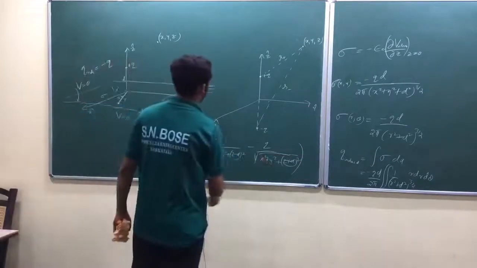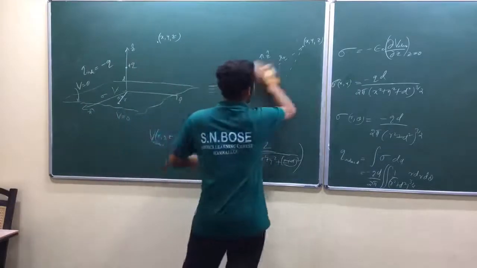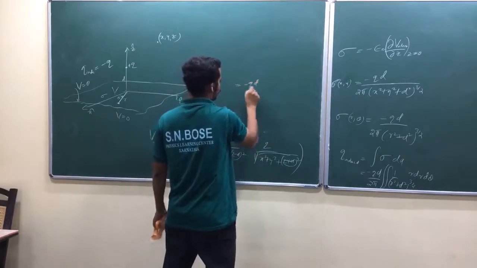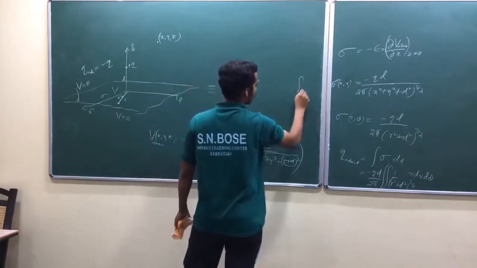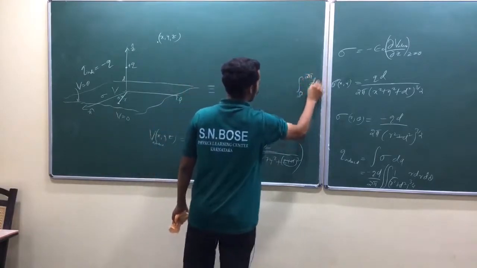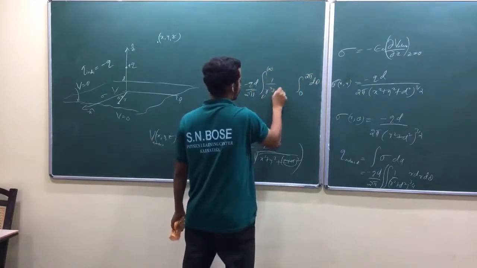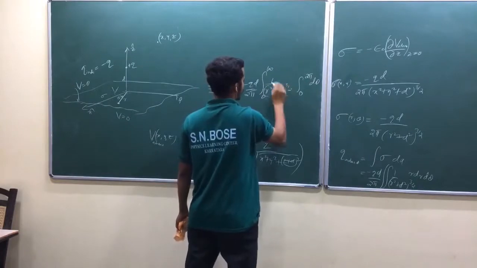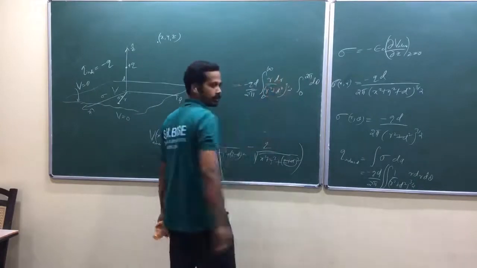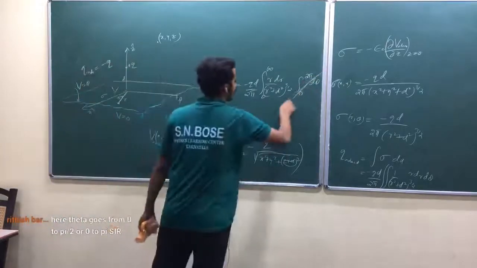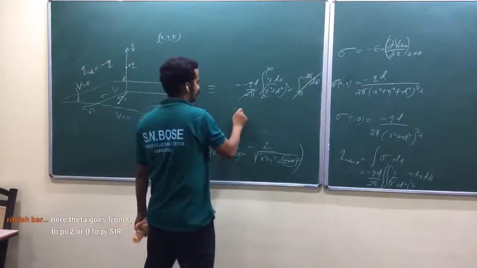Okay. So if I take that integral, minus qd divided by 2 pi, integral of 0 to 2 pi d theta, integral 0 to infinity 1 by (r square plus d square) whole power 3 by 2 r dr. Am I right? So 0 to 2 pi, 2 pi, minus qd.